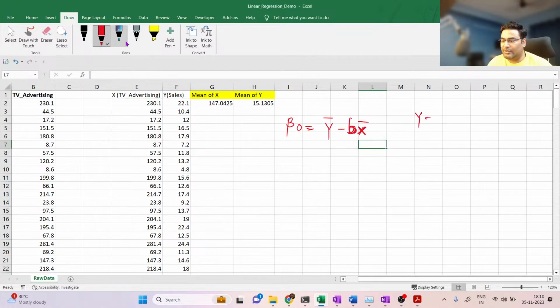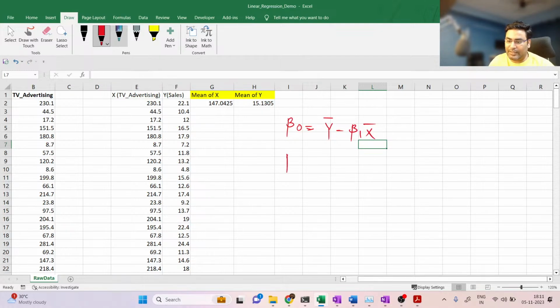Or you can just derive it here: y equals a plus beta 1 x. So beta naught can be y bar minus beta 1 x bar. If I can be consistent with the equation, you can write beta 1 x bar.